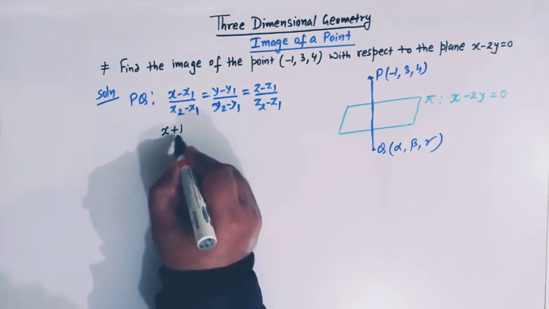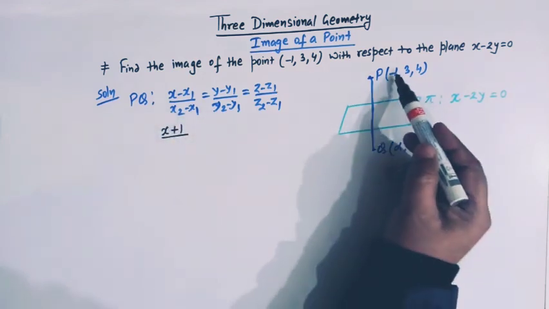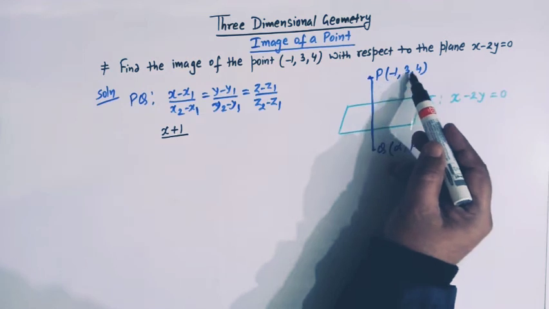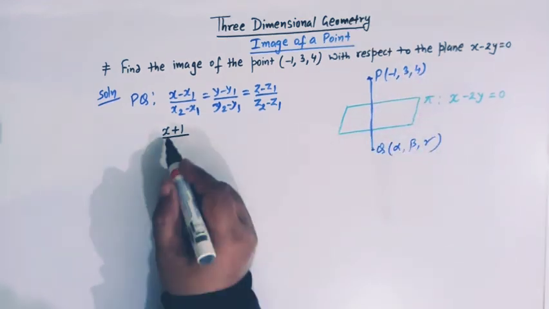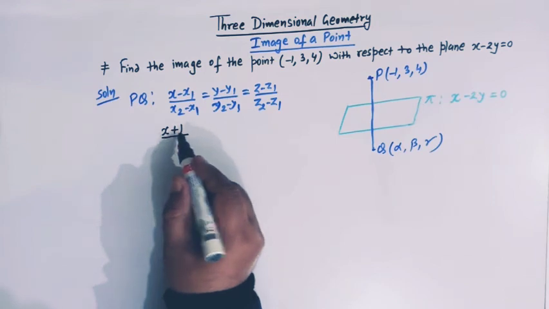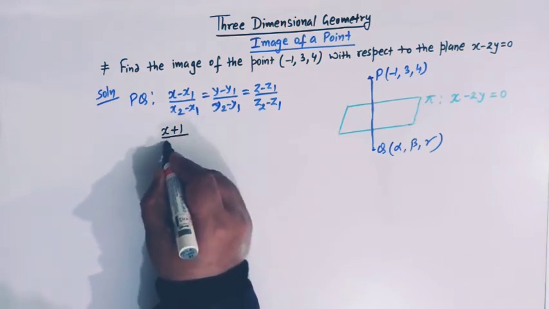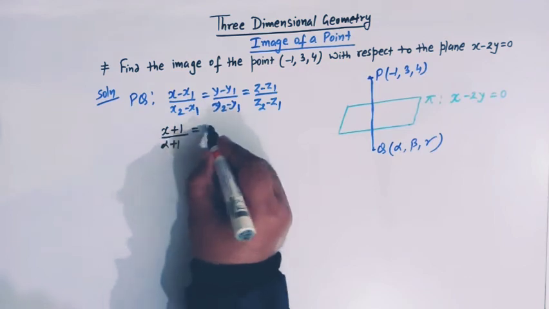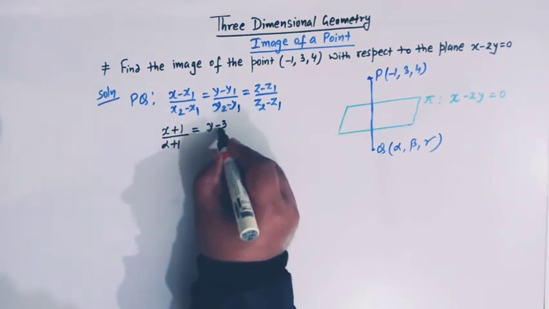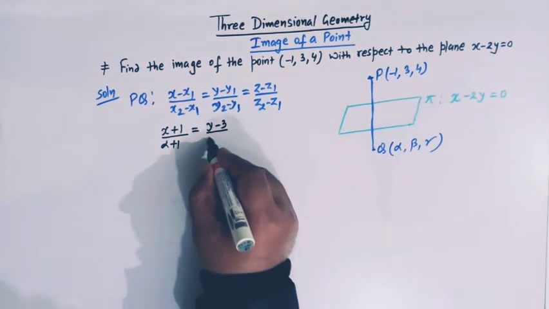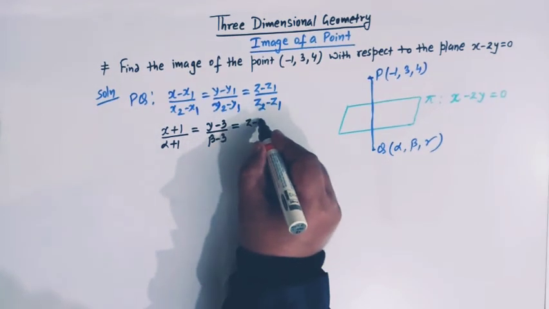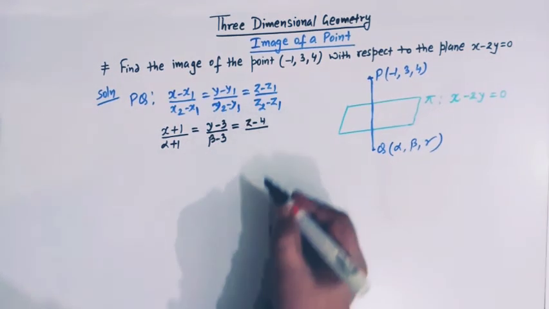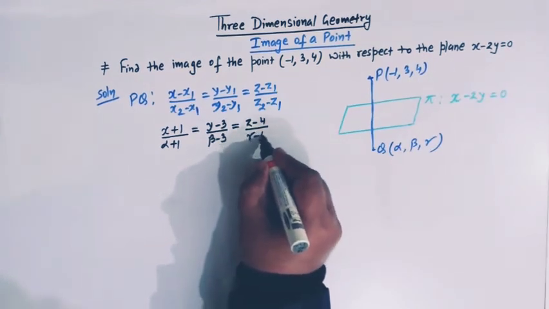We can take this point as x1 y1 z1 and this point as x2 y2 z2. So we have (x plus 1) divided by (alpha plus 1), (y minus 3) over (beta minus 3), and (z minus 4) divided by (gamma minus 4).